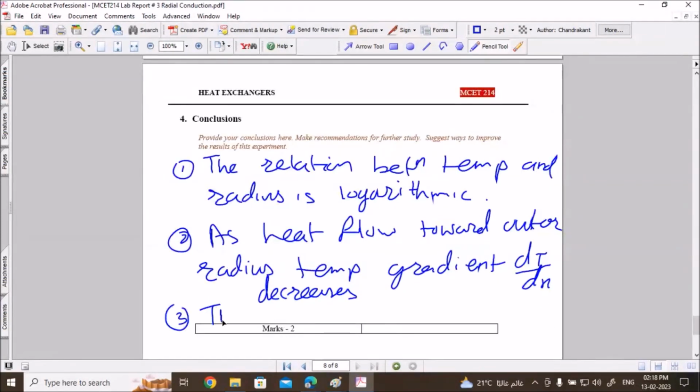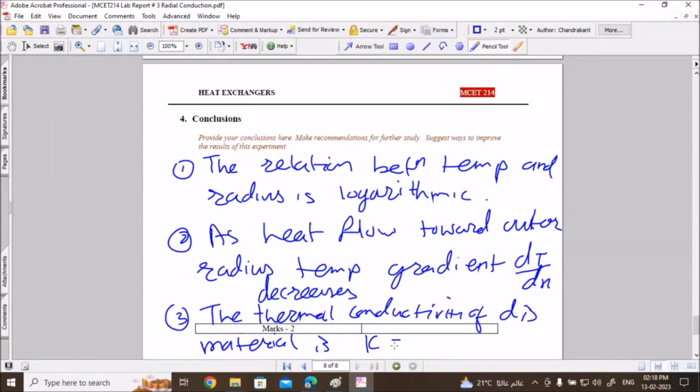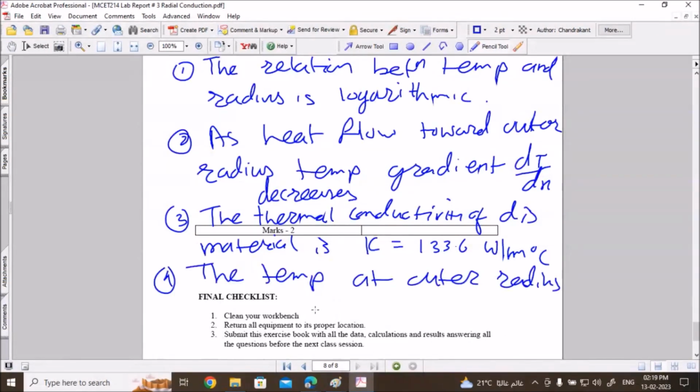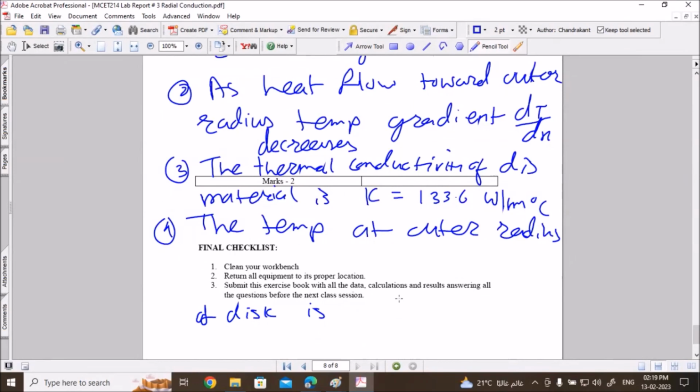Number 3, the thermal conductivity of this material is K equal to 133.6 watt per meter degree centigrade. And number 4, temperature at outer radius of disk is T0 equal to 25 by graph and T0 equal to 25.8 by calculation.